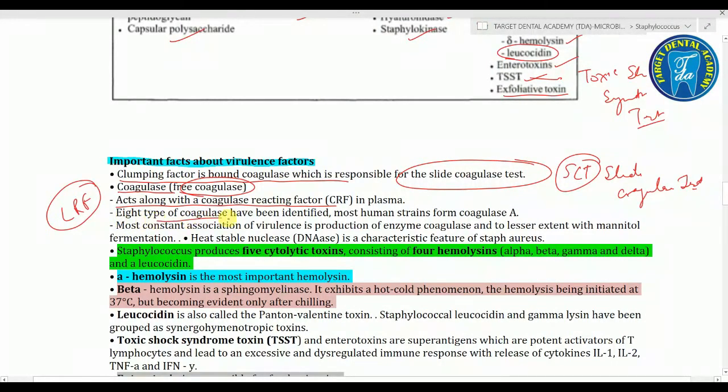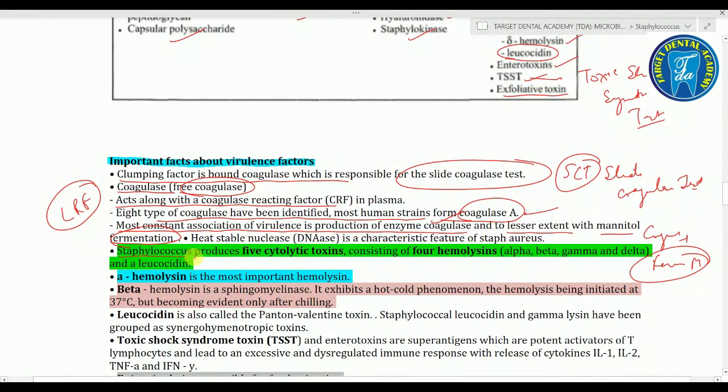A type of coagulase has been identified, and most human strains produce coagulase A. The most constant association of virulence is the production of the enzyme coagulase and, to a lesser extent, mannitol fermentation, as we have already discussed.